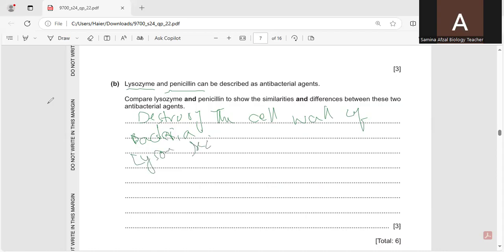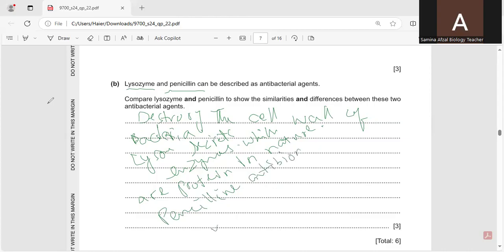enzymes which are protein in nature. And penicillin is an antibiotic which acts as an enzyme inhibitor.